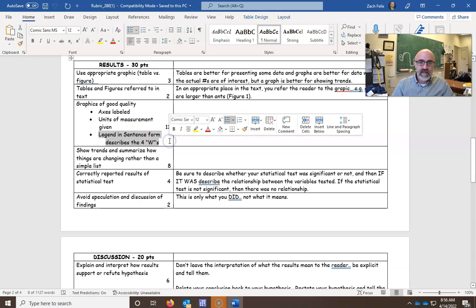This is the little figure 1 legend that tells you what the reader is looking at, and that graph should tell you where it happened, when it happened, what happened, right? All that stuff should be listed in a little legend. Check in the examples to look for legends there.